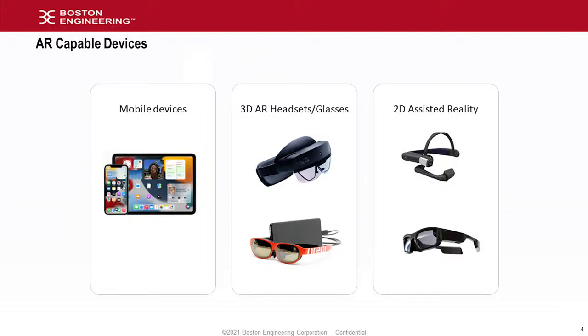So there are reasons to pick one device over another. At Boston Engineering, we generally like to focus on the iOS devices and only move to the hands-free AR headsets when the mobile device is just not good enough for the experience that we're building.